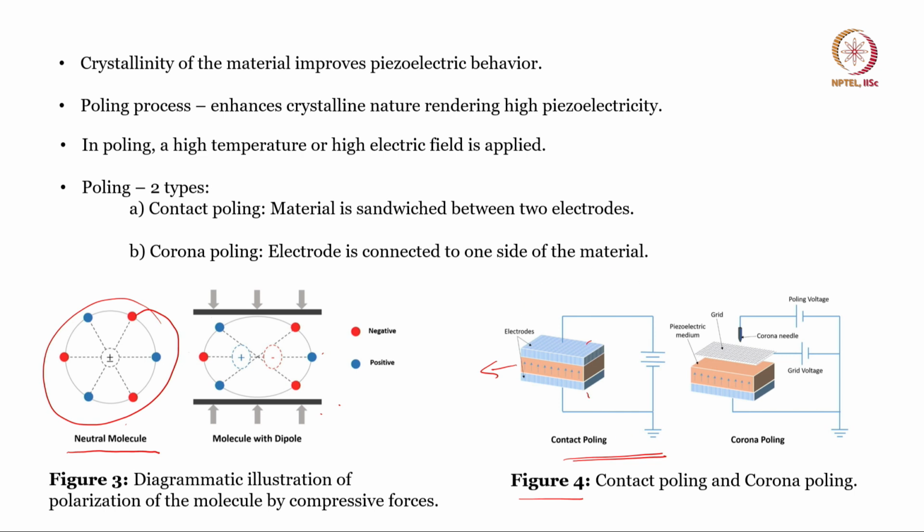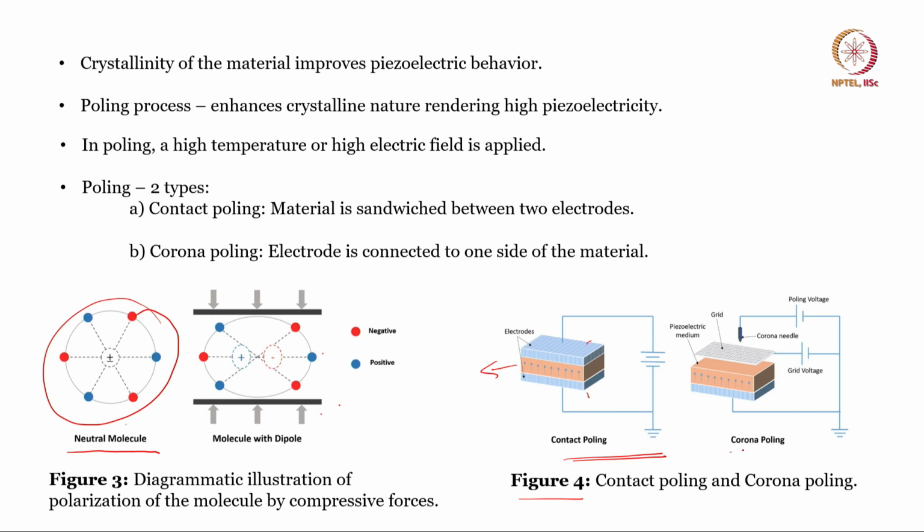Whenever we apply the current, there will be orientation as well as alignment of the crystal structure, leading to piezoelectricity. In contact poling, the cooling of the material is done in the sandwiched condition itself, because we need to preserve the aligned crystals as they are in order to maintain the piezoelectricity.